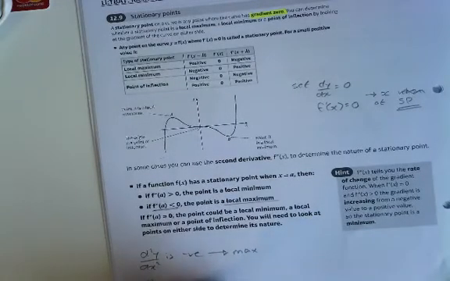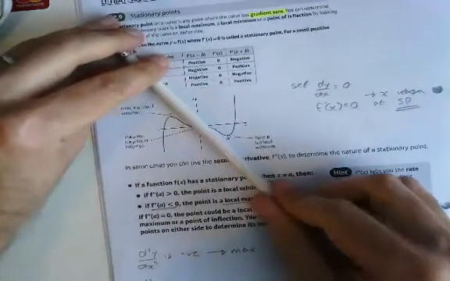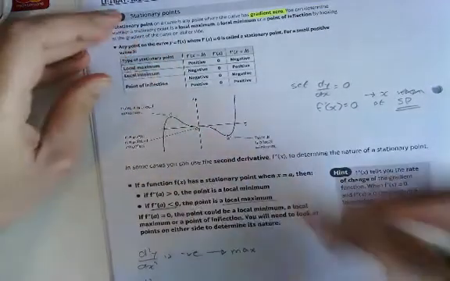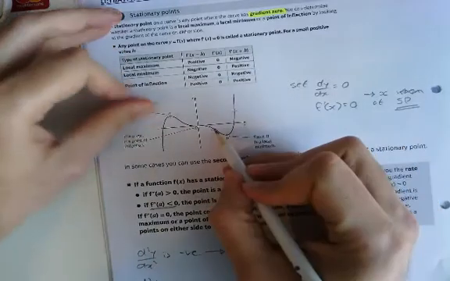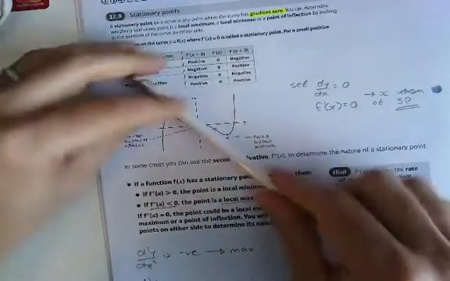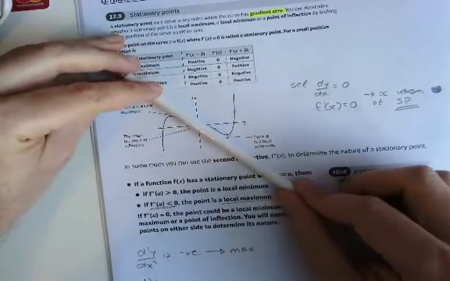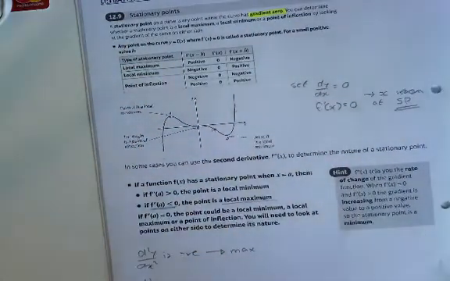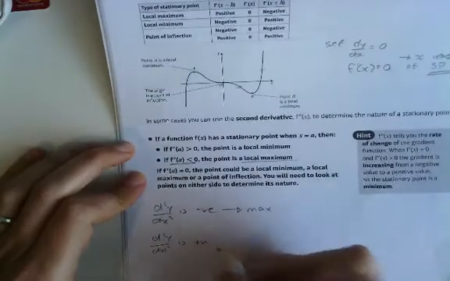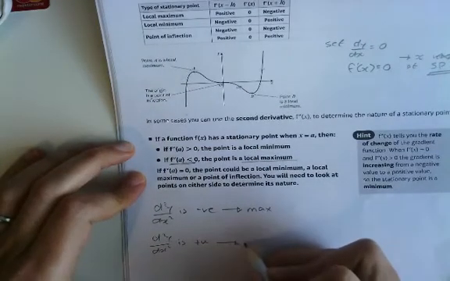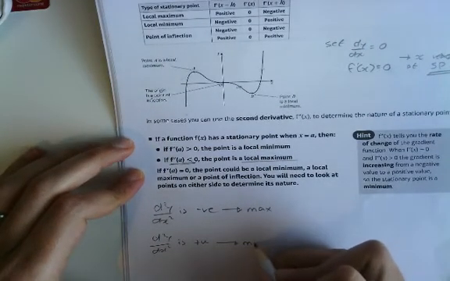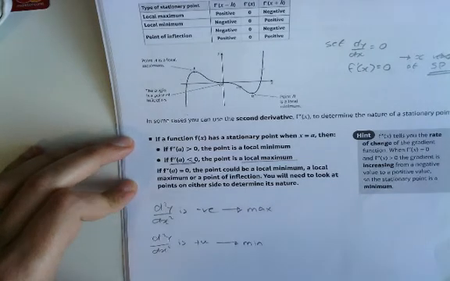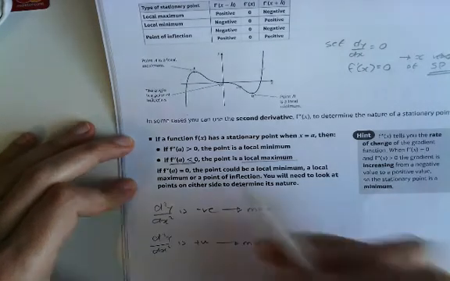So when d2y by dx squared, your second order derivative, is positive like it is there, the gradient, as we move from this point to this point, is actually increasing. It's negative there, but getting less and less negative up to 0, and then it's getting positive. So if it's gone from being negative to being positive, it means that it's increasing, which means d2y by dx squared is positive, which means that it must have bottomed out between there and there. So that is a minimum point.